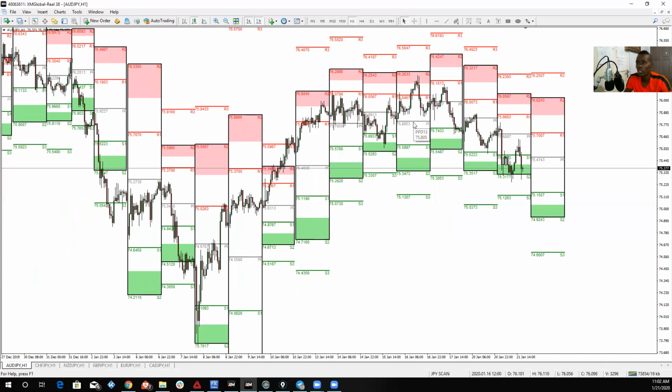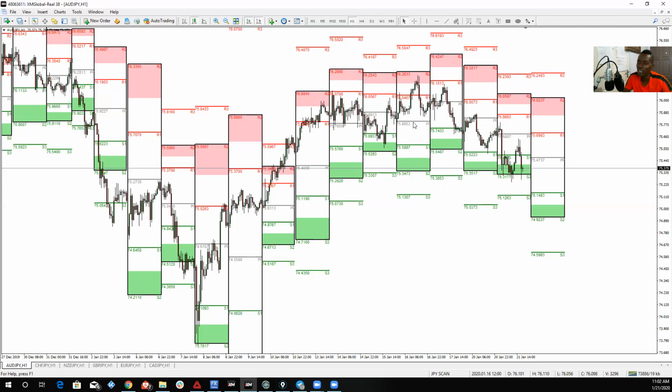This is a custom pivot points indicator. One of the main reasons why I like these pivot points is that it's a leading indicator, not a lagging one.